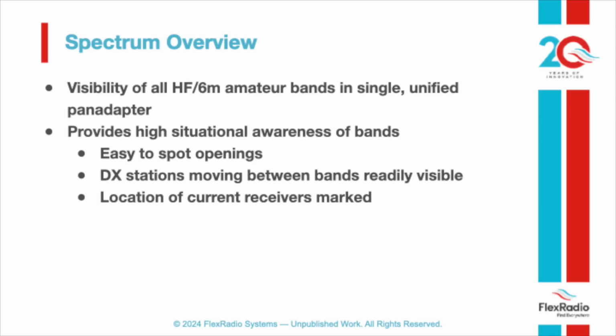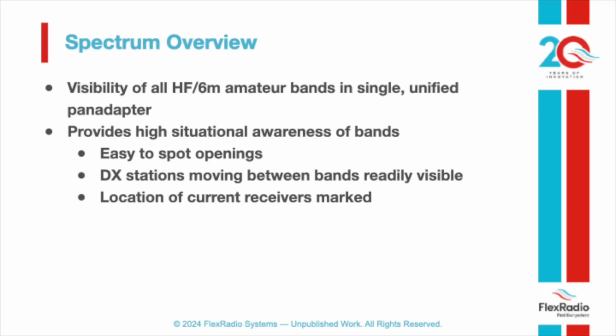All right, next feature I want to talk about is spectrum overview. I don't have a lot of detail on this, but we want to provide a single view of the spectrum that gives you all the bands that you want to look at. So let's say that you want to operate on 20 meters, but you want to keep your eye on 10 and 6 in case they open up, like today.